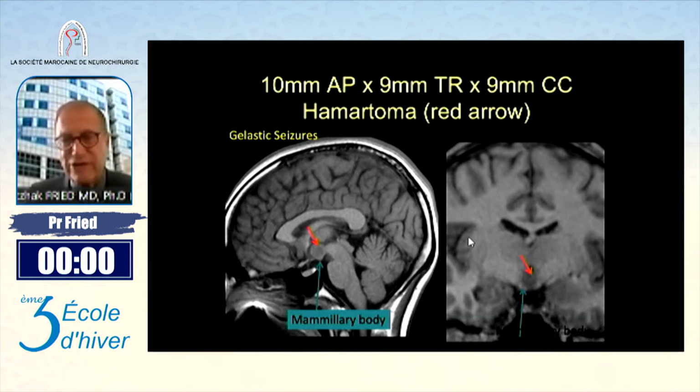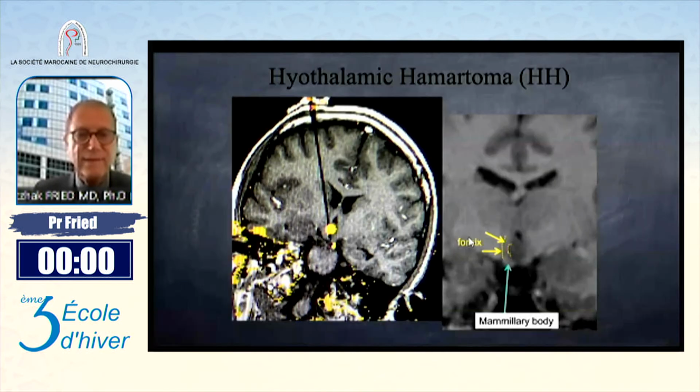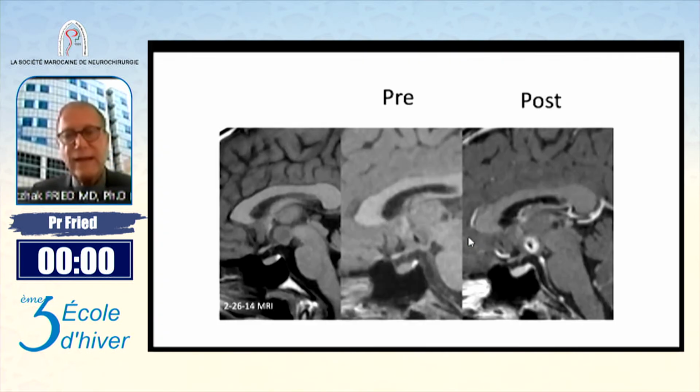It really changed the landscape of hypothalamic hamartoma because we can go into areas that have a lot of function around, and we can block the thermal energy in the MRI from getting into the mammillary body or the fornix in this case. And you can see what happens by this thermal energy.